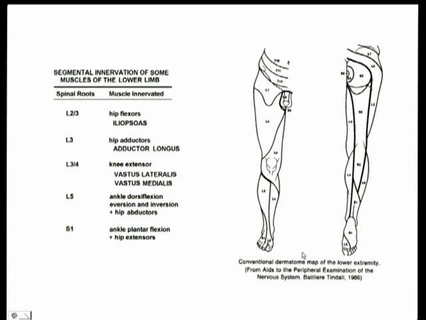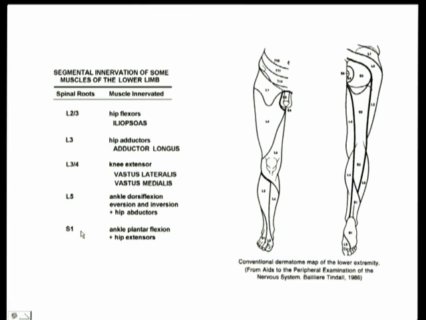In the lower extremity, I think he really emphasized L5, the big toe, and S1 out here more laterally to the little toe. As far as the muscles, L5, you should remember, helps you dorsiflex your ankle. So if you have a lesion of the L5 root or radiculopathy of L5, you're going to have very much difficulty standing on your heels.